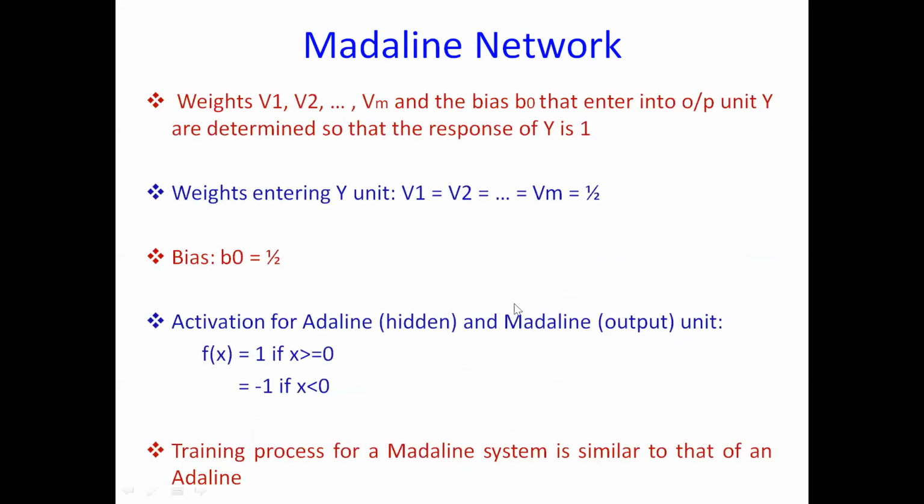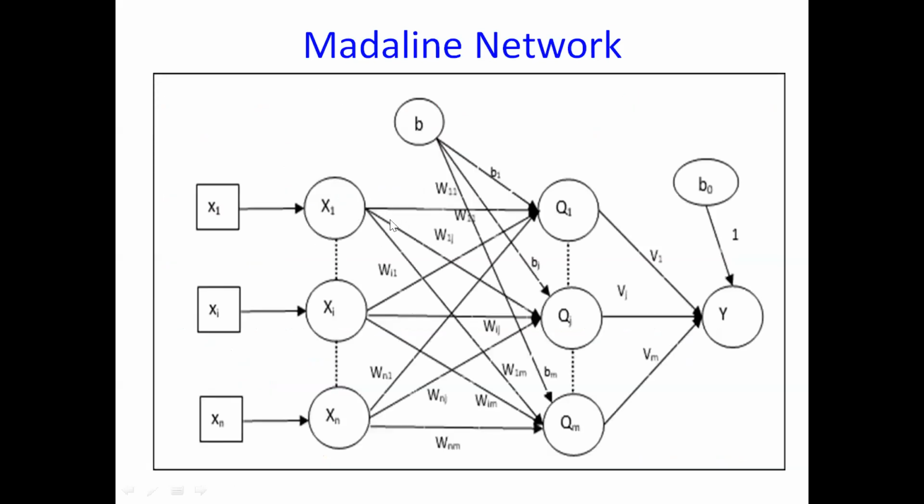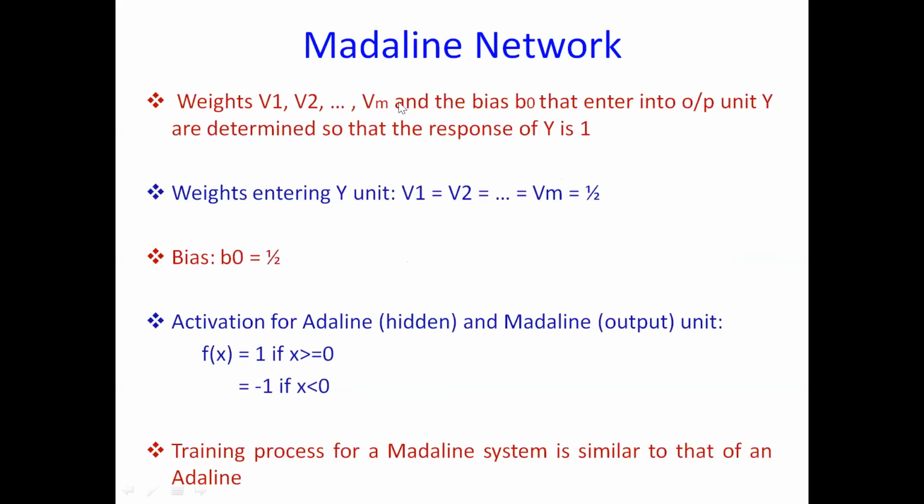Now, how does this Madaline network work? As we have already studied, all the connecting weights, that is V1, V2 up to Vm, and the bias V0, that enter into the output neuron, the Madaline neuron Y, are determined so that the response of Y, that means the output neuron, is 1.